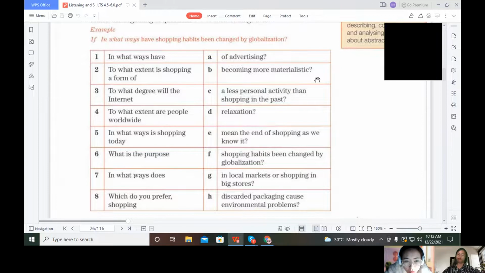In what ways is shopping today discouraged? Packaging causes environmental problems? Oh, I think number 5 is for letter C. In what ways is shopping today a less personal activity than shopping in the past?